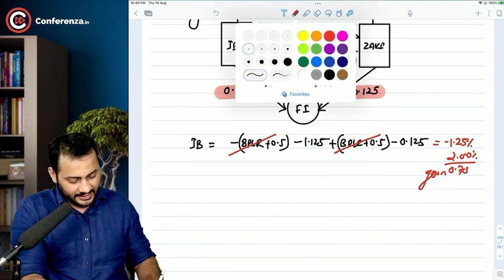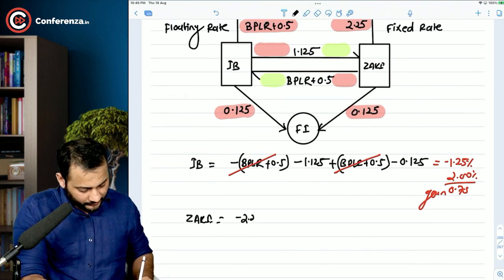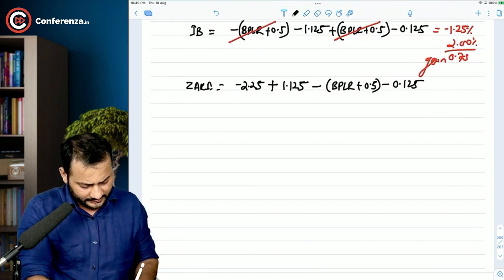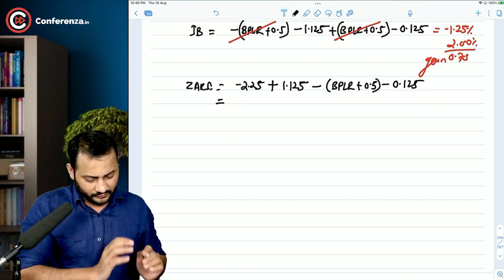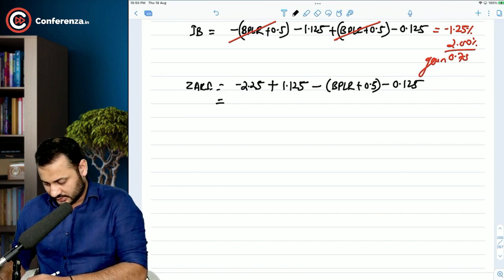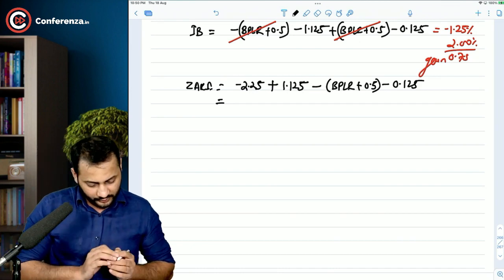Now look from Zaki's angle. Zaki paid 2.25%. Then he received 1.125%. Then he paid BPLR plus 0.5, and he also paid 0.125. Let's do the total of all this. So 2.25 plus 1.125 minus 0.125 is 1.25.